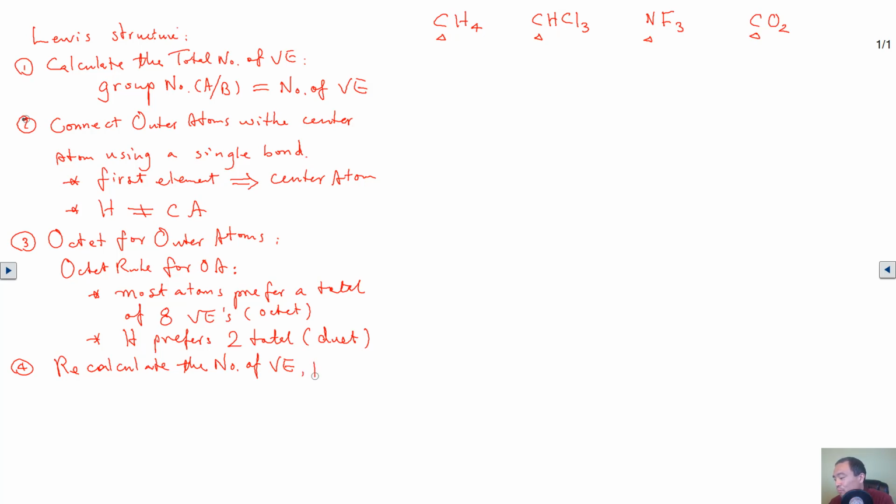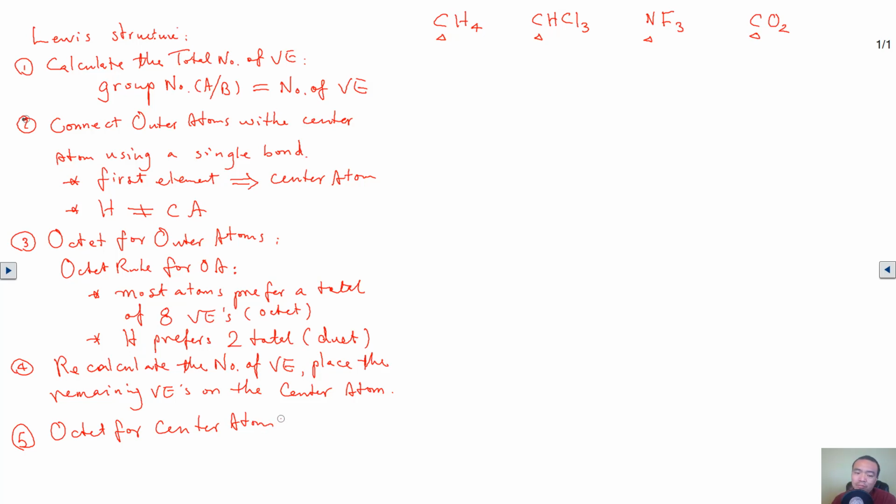And we will place the remaining valence electrons on the center atom. The last step, we'll do the octet for center atom.